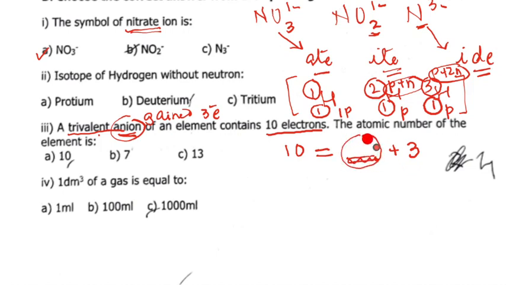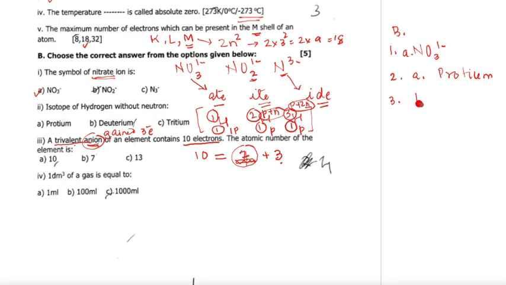Now what plus 3 gives us 10? It will be 7. So because it had 7, it has now gained 3 electrons, and because of that it's got 10 electrons, and so we'll have 7 as the option B. So it will be B and it will be 7.